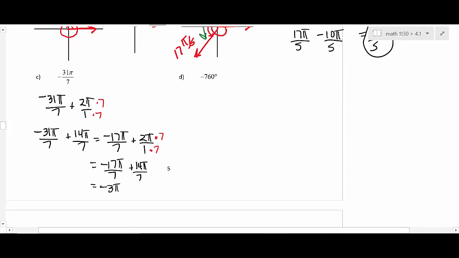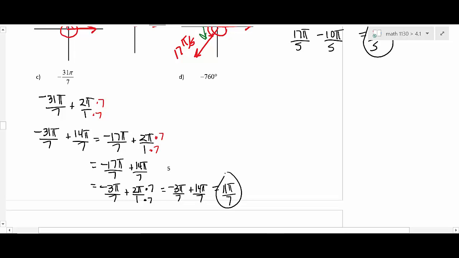So what you need to do is just add 2 pi to it again. Get a common denominator on that. What you're finally going to get is negative 3 pi over 7 plus 14 pi over 7, which gives 11 pi over 7.